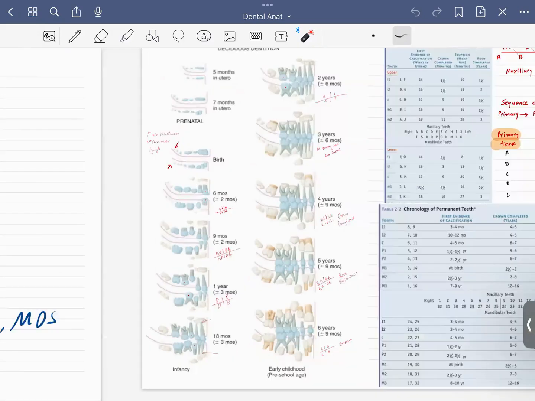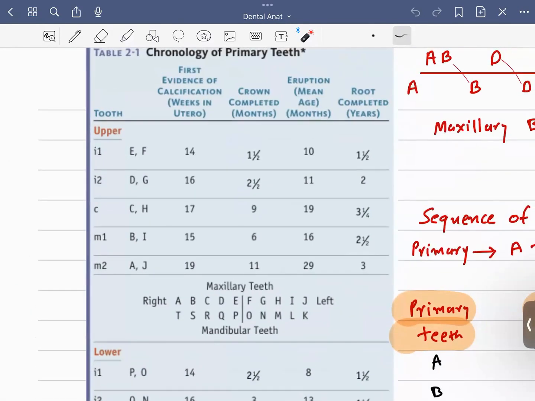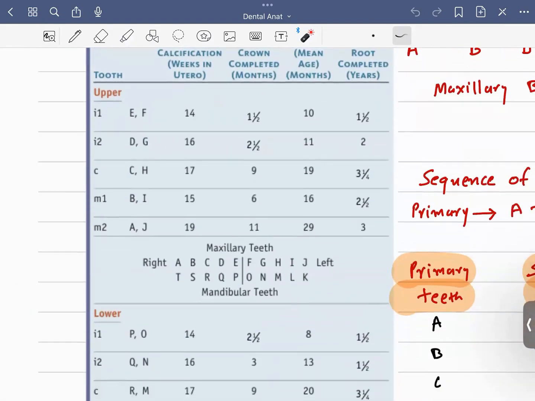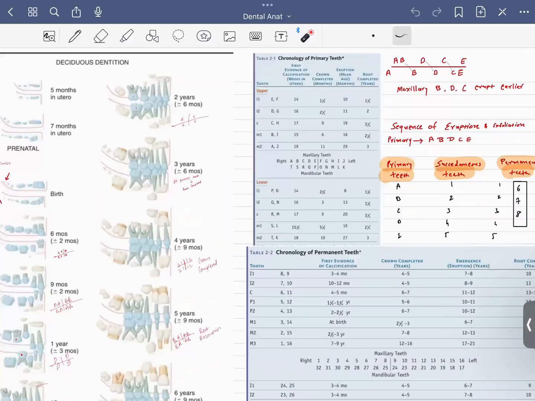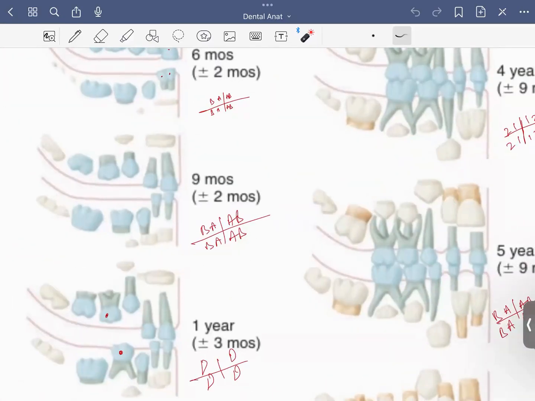All right. So the age of eruption for the mandibular incisors is 8 months for the central and 13 months for the lateral, and for the maxillary incisors, 10 months for the central and 11 months for the lateral. So this is the age group. At around 9 plus or minus 2 months, we can say all of them erupt.